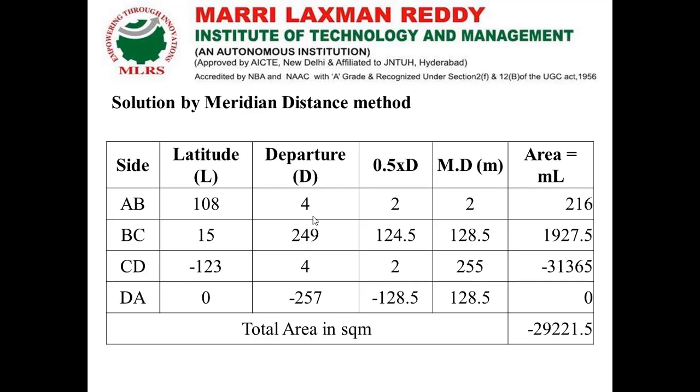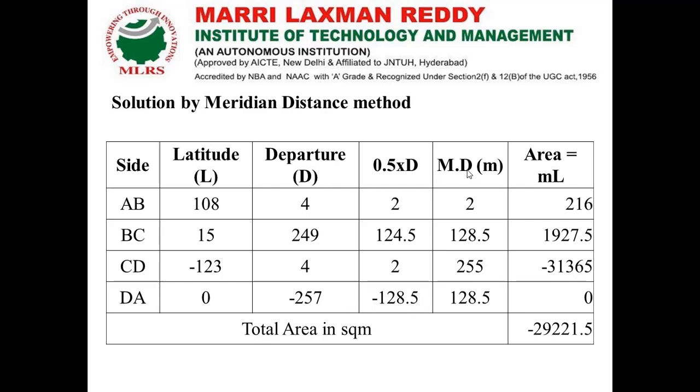Next we have to calculate 0.5 times of departures. So our departures value has been multiplied with 0.5, so 249 into 0.5 is equal to 124.5, 4 into 0.5 is equal to 2, and minus 257 into 0.5 gives minus 128.5.